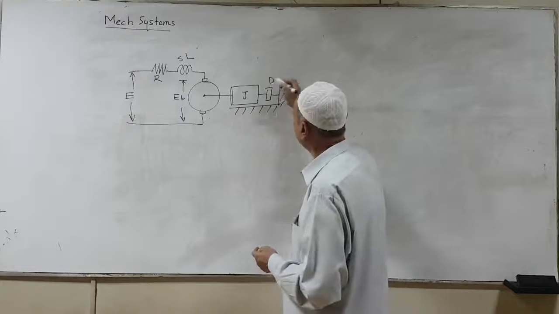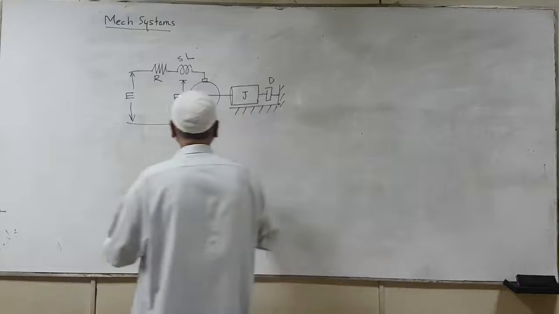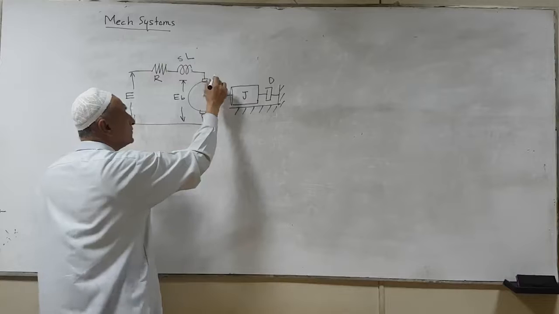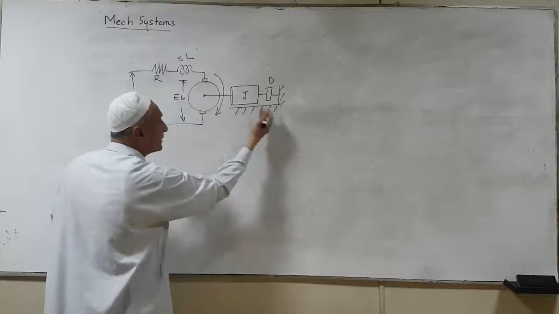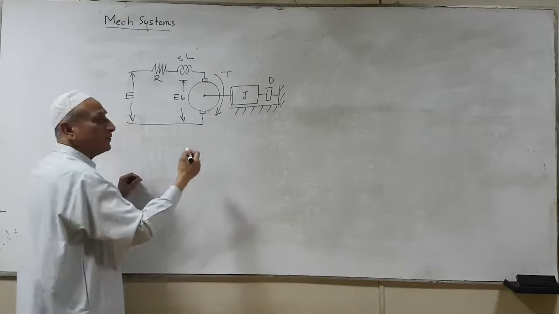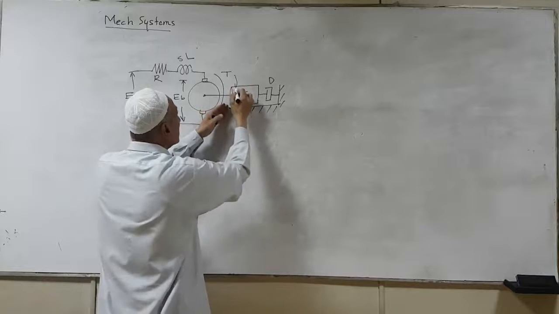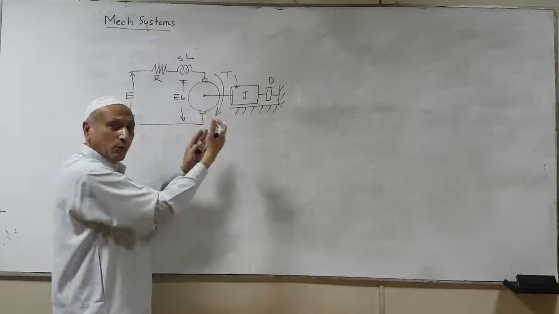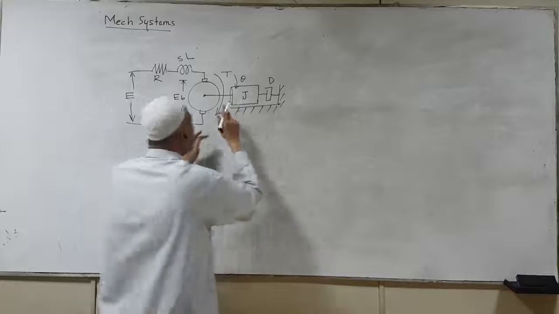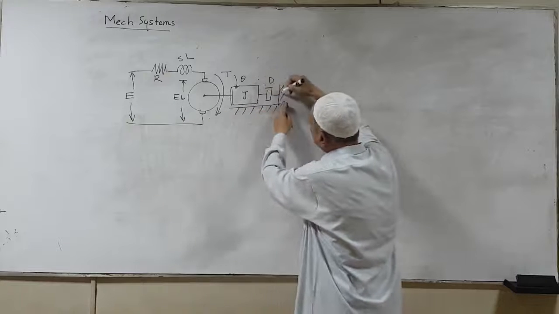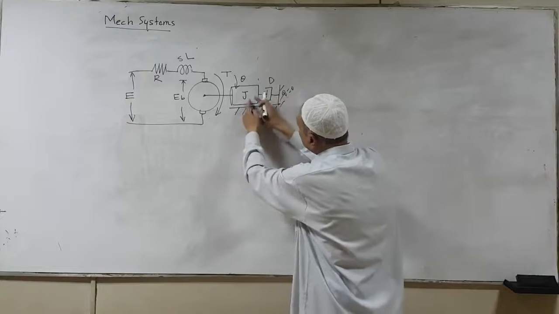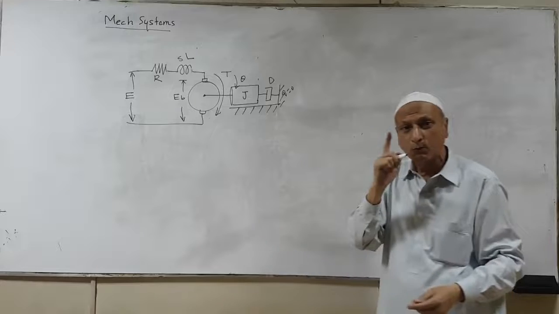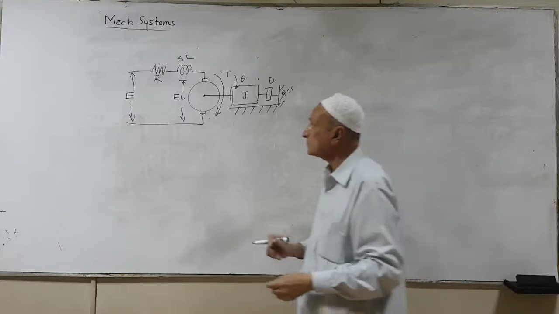So we have B, to make it simple anyhow. So eventually what happens, this produces a torque on the load. So a torque is acting on the load, and this will produce a displacement. Now it looks like there is only one displacement, theta, because theta is the same on the other side as well. So both these are under the influence of only one angular displacement, theta.